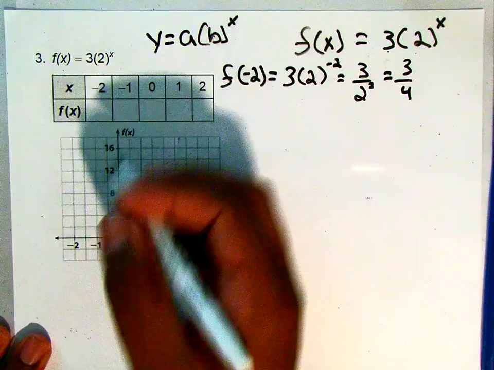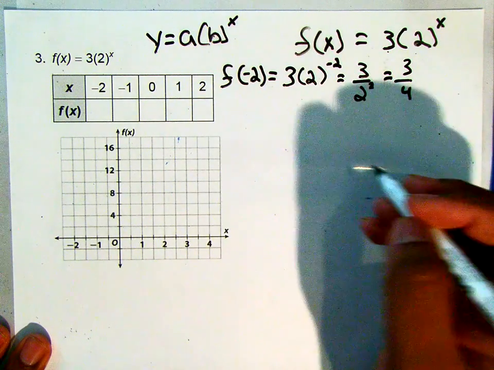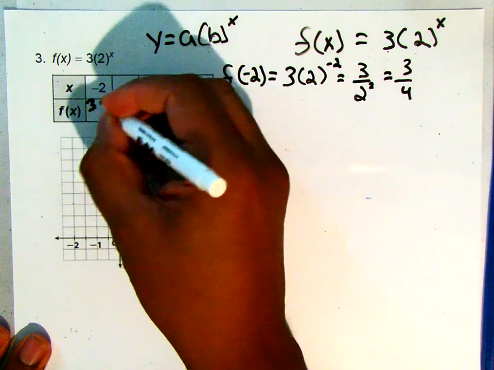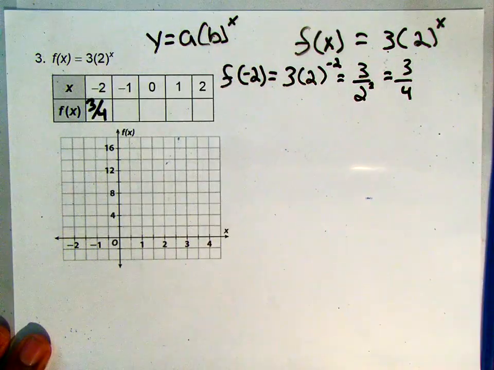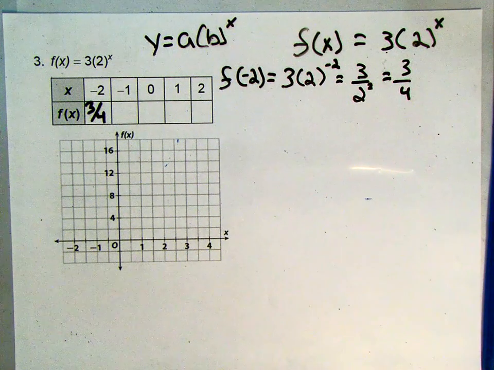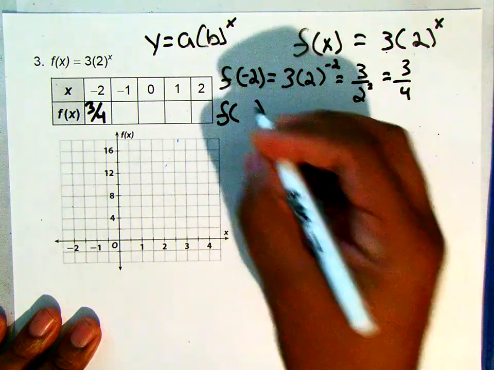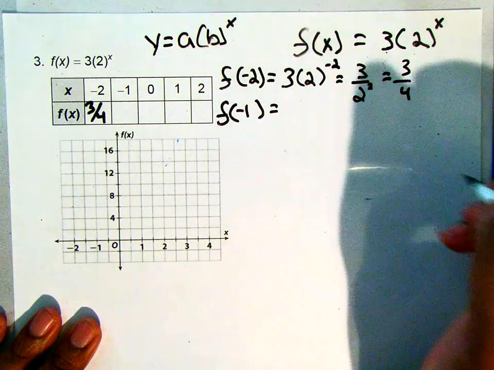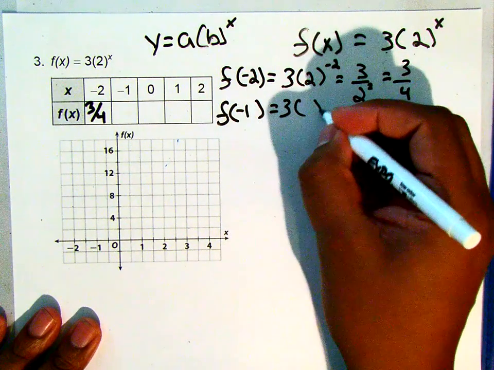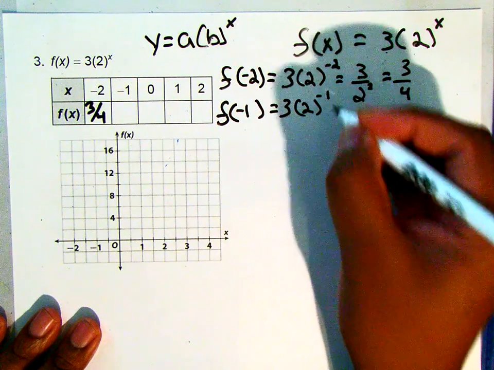All right, now we're just going to move on along. We've got the -2, which is 3/4. I'm going to put that in here. And we have f of -1 is equal to 3 times 2 raised to the -1.